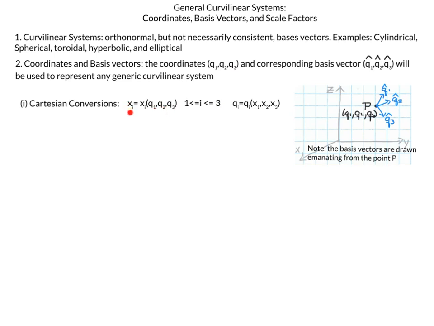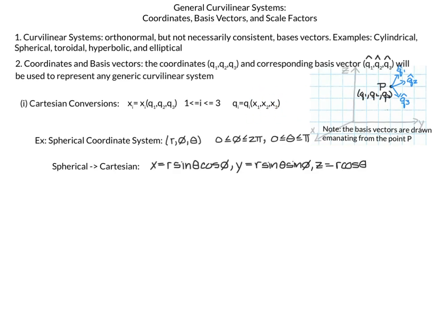In general, for Cartesian coordinates, x1 will be our x coordinate, x2 is our y coordinate, and x3 is our z coordinate. We also can have a function that gives us our q sub i basis vector from our curvilinear system, and it'll be a function of x1, x2, x3 from our Cartesian system.